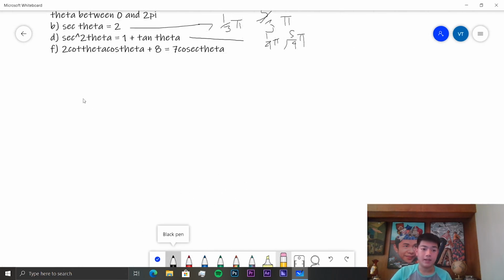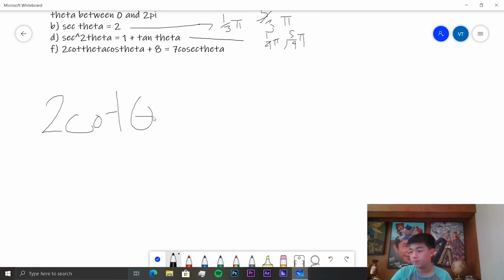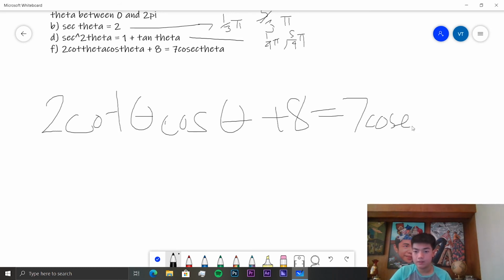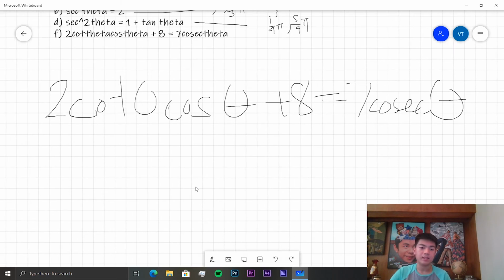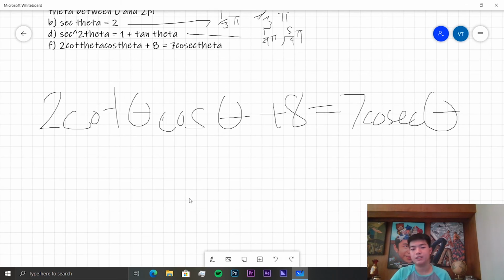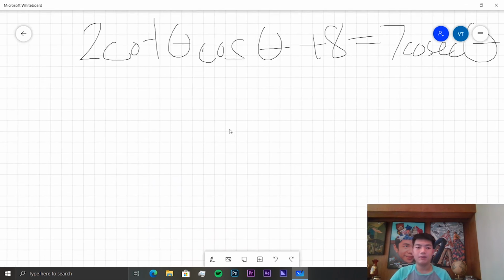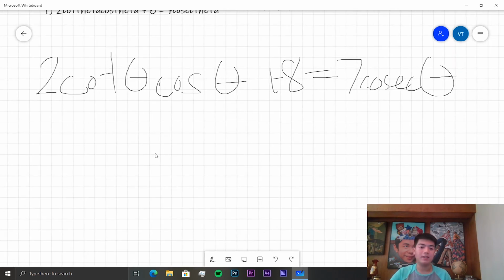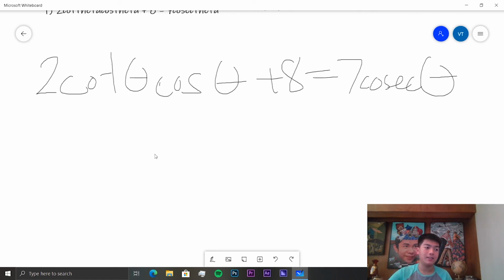And finally, we have 2 cotangent theta cosine theta plus 8 is equal to 7 cosecant theta. What would be the simplest way to expand this? What I would do is multiply everything by sine, cosine, and tangent.